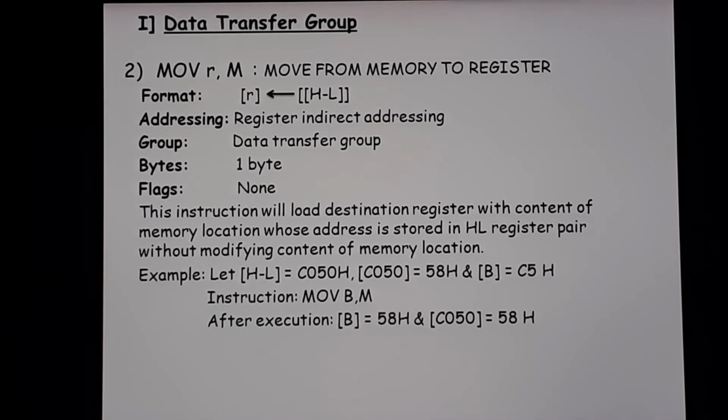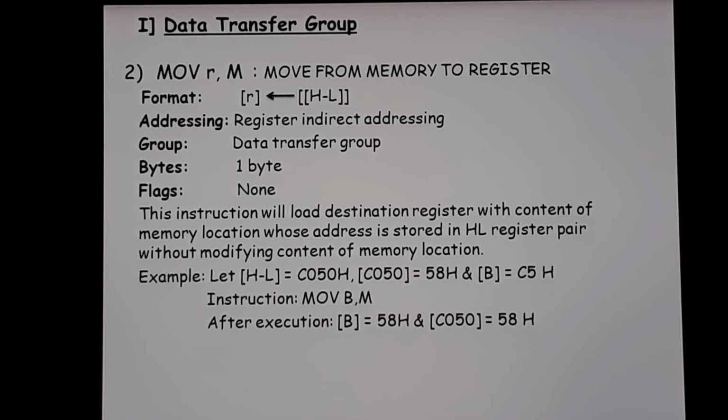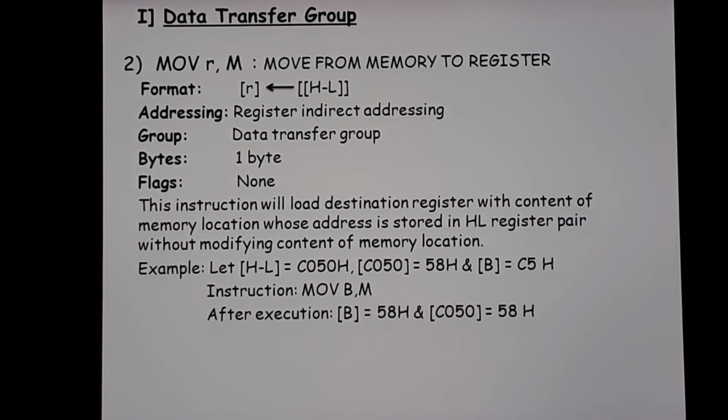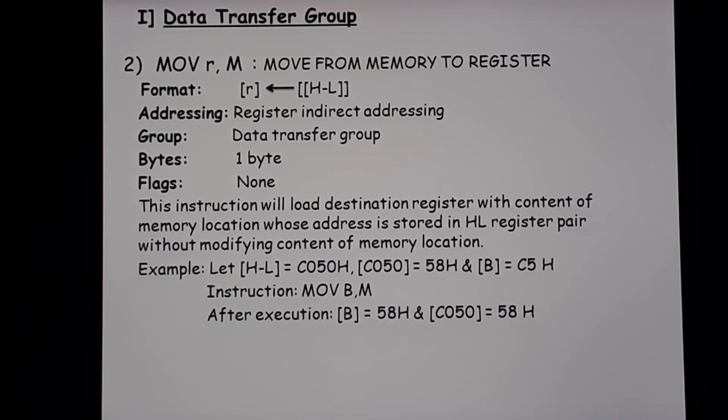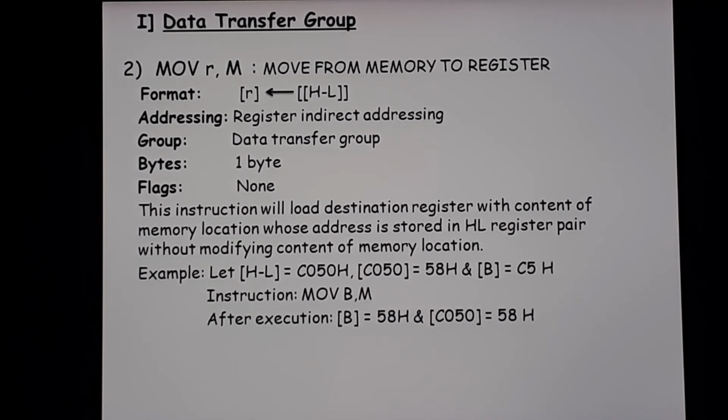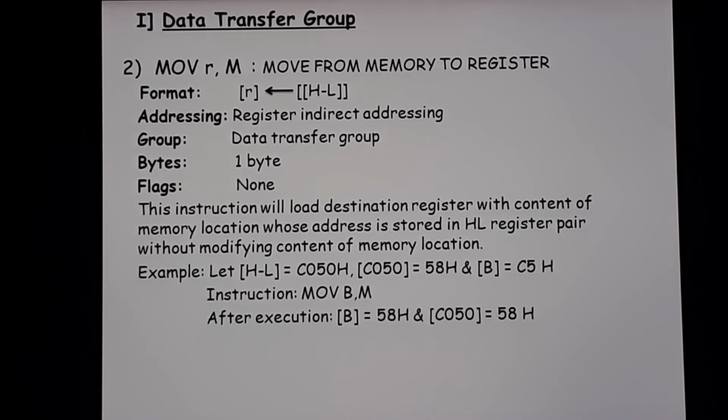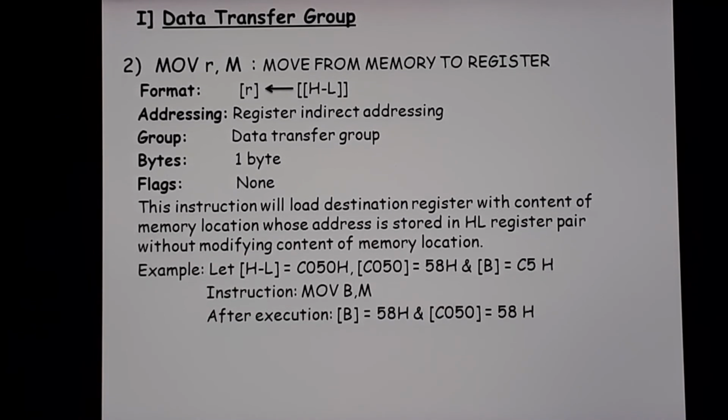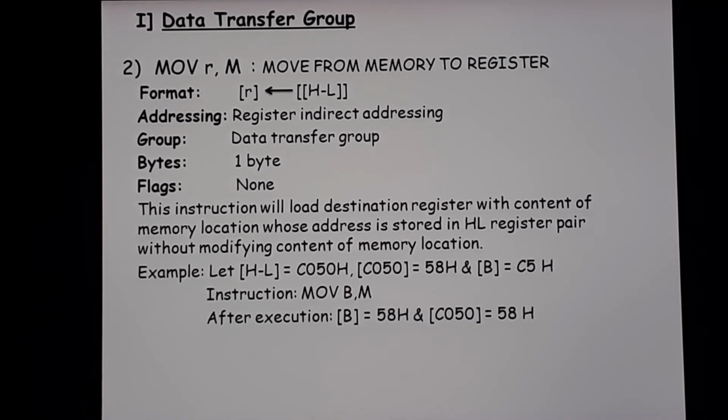So I have assumed C050 previously as 16-bit. Then since I need to transfer that content into the register, I have assumed C050 as 58H. Okay, and I have taken one more register, that is B register, which is nothing but the destination register, as C5H.